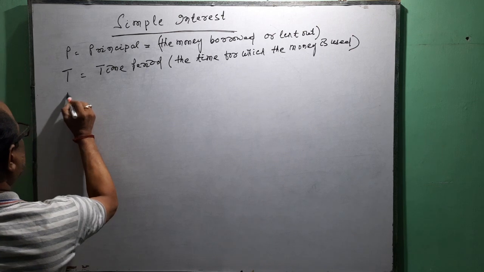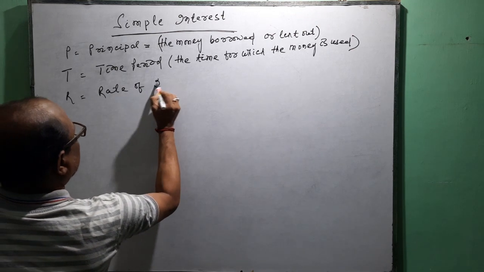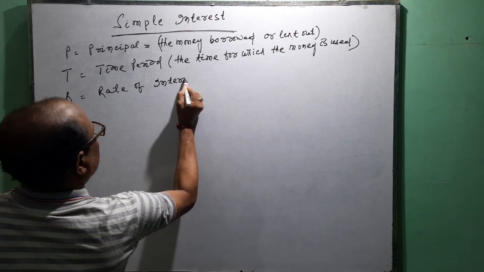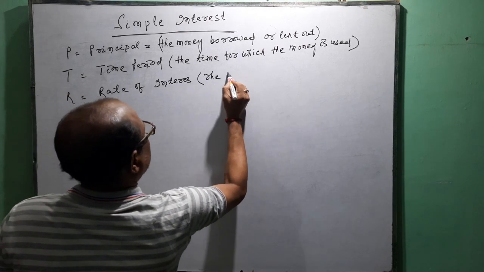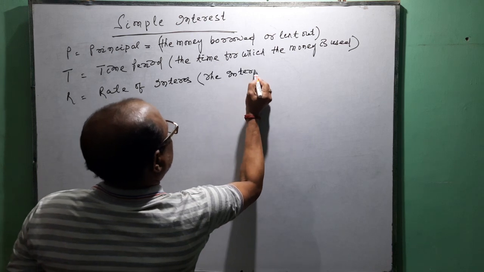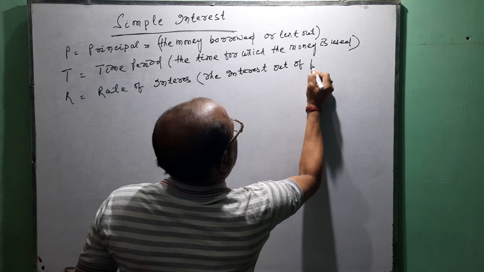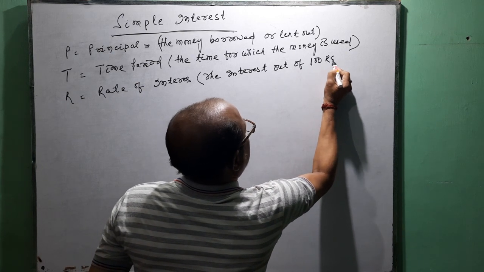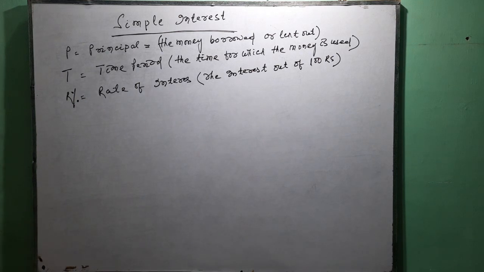Number 3, R is the rate of interest. It means the interest out of 100 rupees. So this is called R%, rate percent.